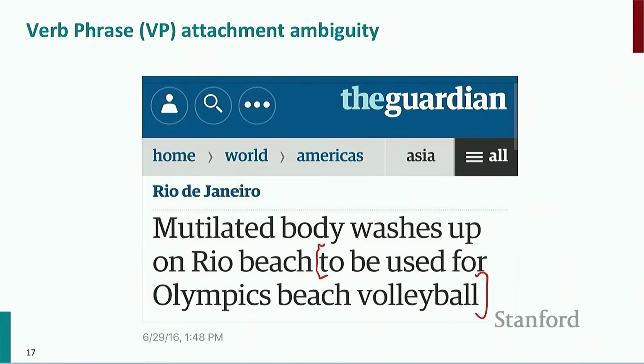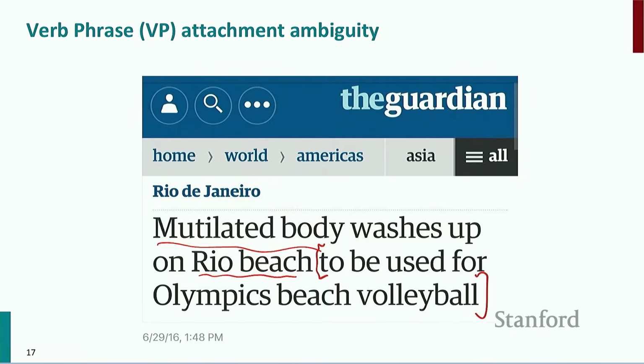So it can either be the Rio Beach that's going to be used for the Olympic beach volleyball, or it's going to be the mutilated body that gets used for the beach volleyball. Okay, so these are the ways in which we want to use the structure of the sentence to understand what it means.